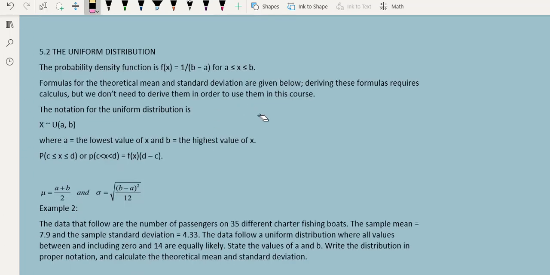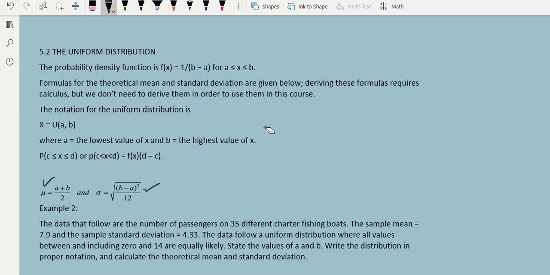So, all right, the uniform distribution. The probability density function is f of x equals 1 divided by b minus a for the interval between a and b. The formulas for the theoretical mean and standard deviation are given below, which would be a plus b divided by 2 and the square root of b minus a squared divided by 12.